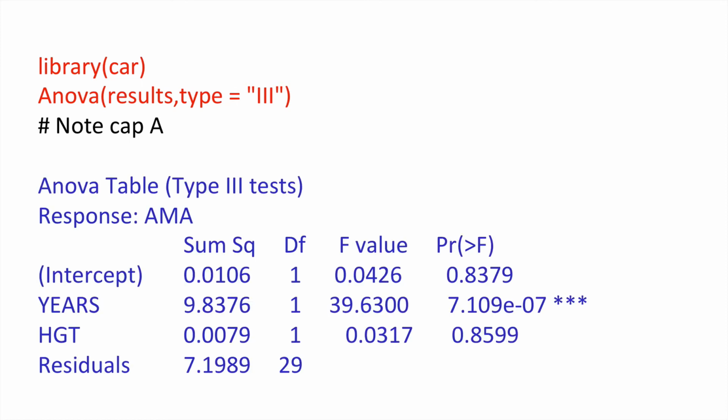How might we do a type 3 sum of squares analysis of variance? Well, we can't do it in the default R, but we can if we load the package car, and here it is. I'm loading the library car, and using Anova with a capital A and asking to apply to that results object a type 3 sum of squares analysis.